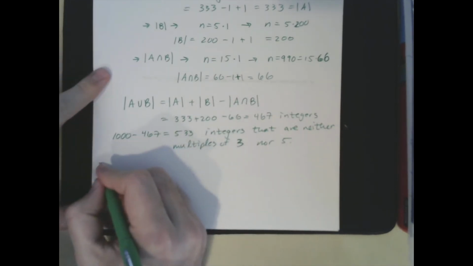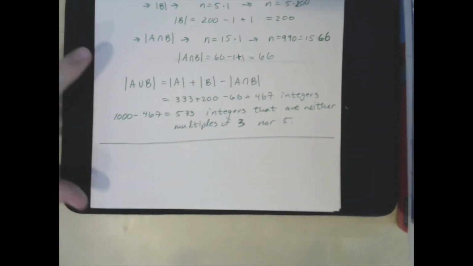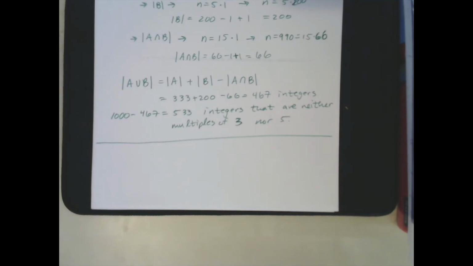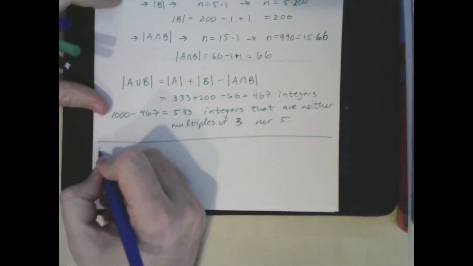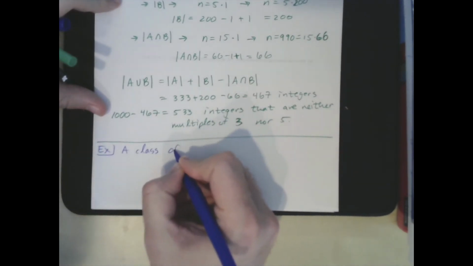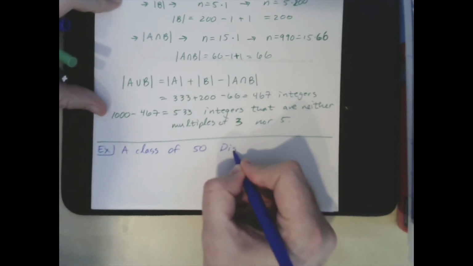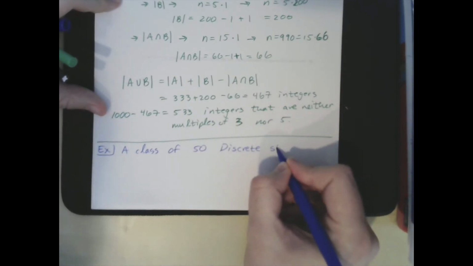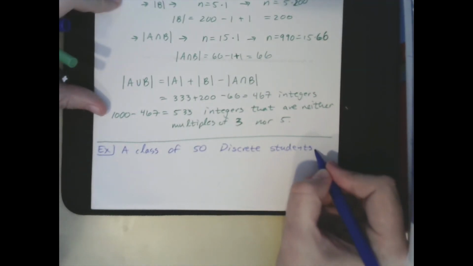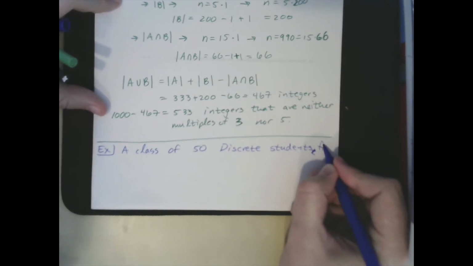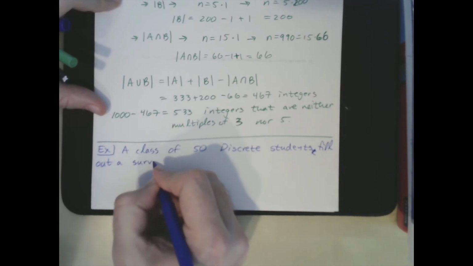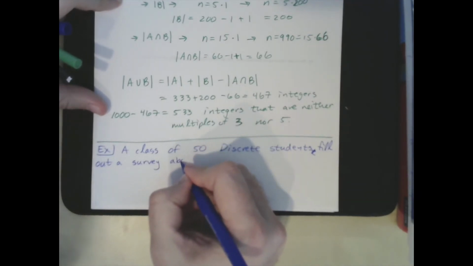So our last example, again, we'll be just exploring this, counting up things, whether they're disjoint or not. So let's say that we have a class of 50 discrete students. And these students fill out a survey about their math history.